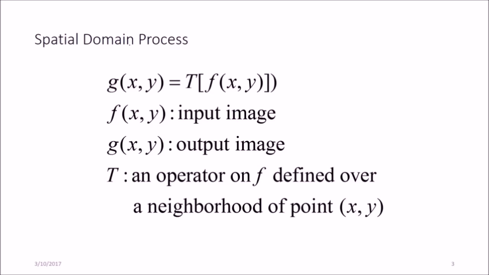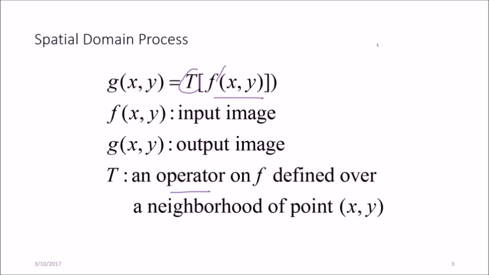Let us see the spatial domain process. As we suggested that this is our input image, we apply certain transformation, and T is nothing but certain operator on this F, which is defined over a neighborhood of a point xy.